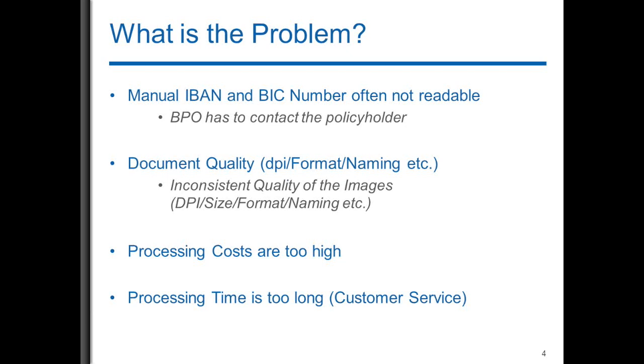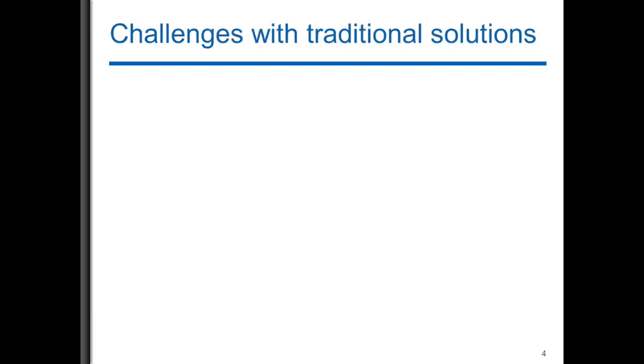Because of that, their processing costs would rise enormously, and also their processing time. They actually started a call center where they would call people to ask for their IBAN number. So they asked us, is there a solution to do this?